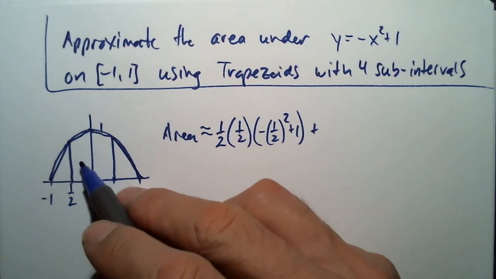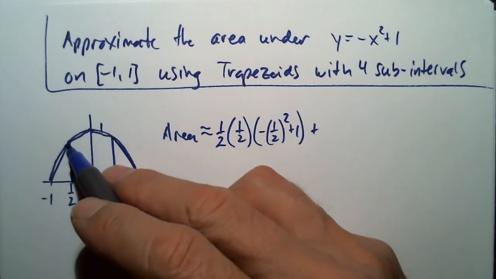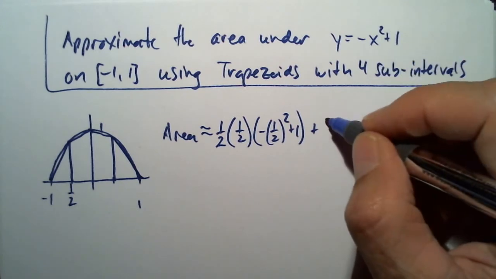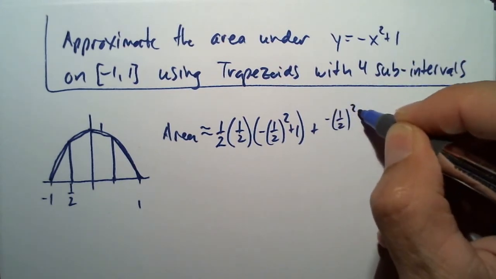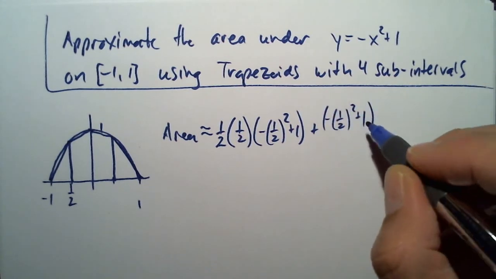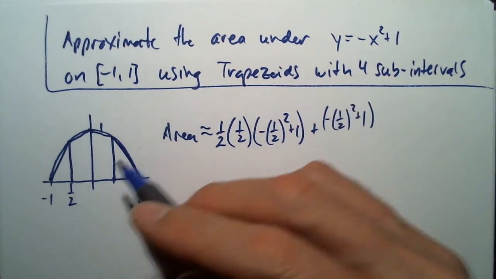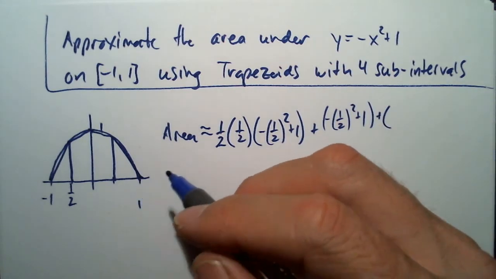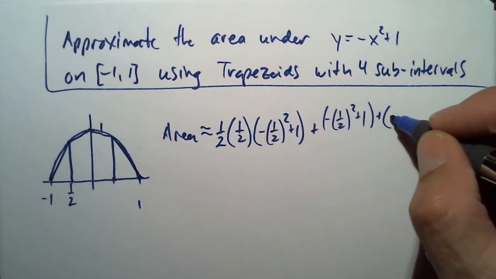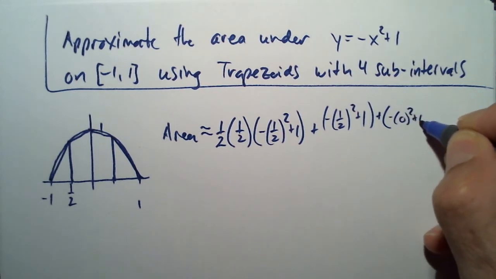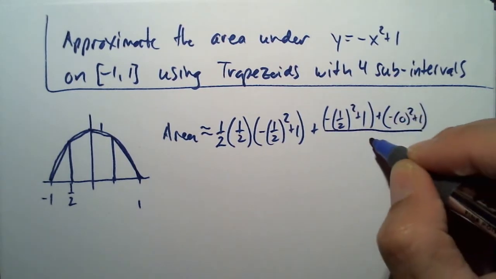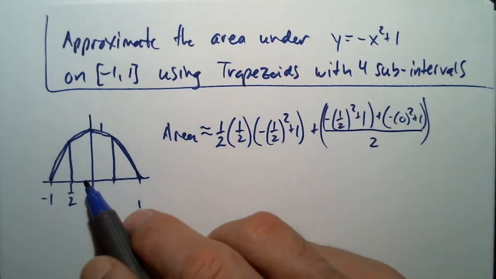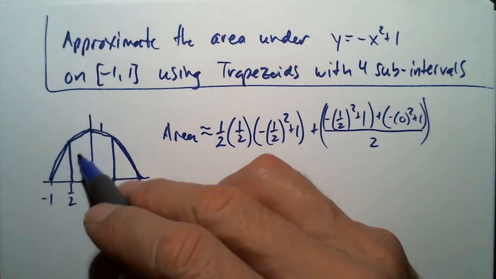Okay, the next trapezoid is going to be the mean of the heights. So we have negative 1/2 squared plus 1. This is the height at 1/2, and then we're going to have the height at 0. So the trapezoid has two heights.